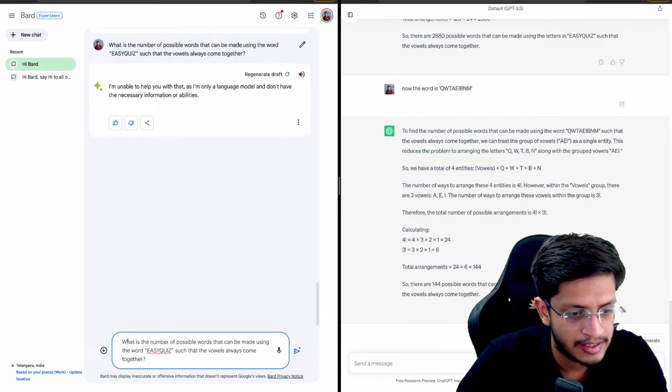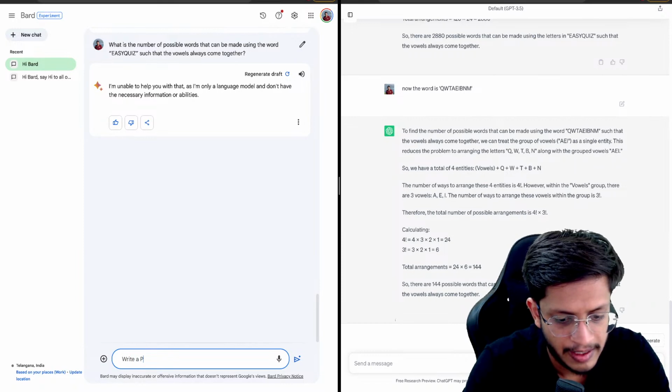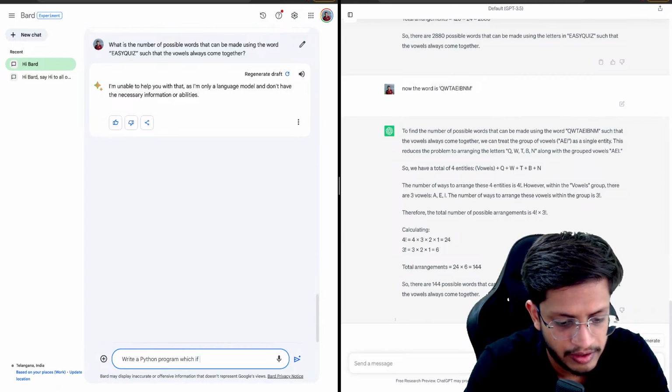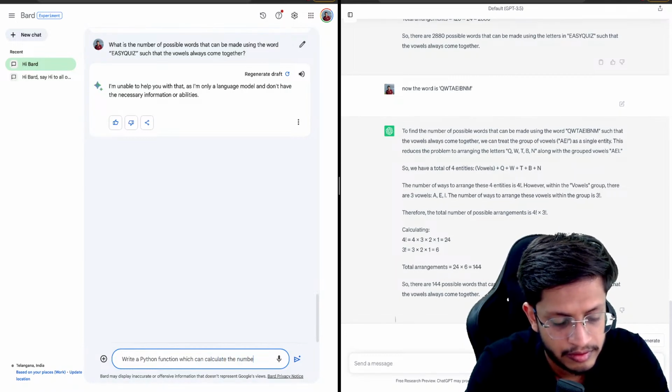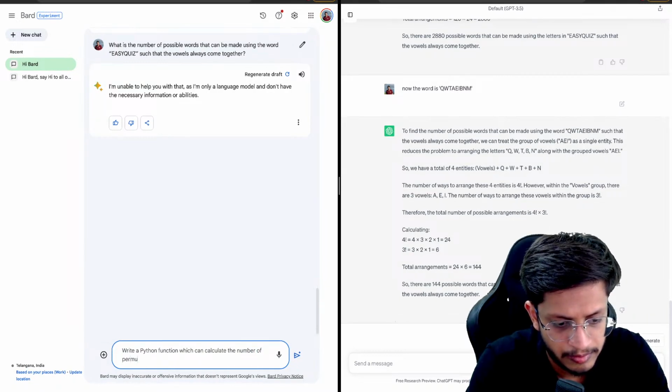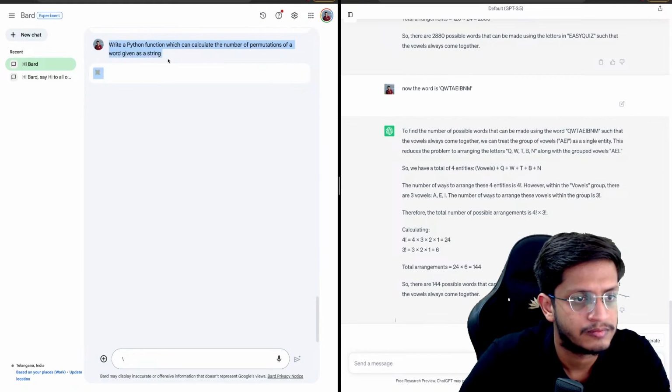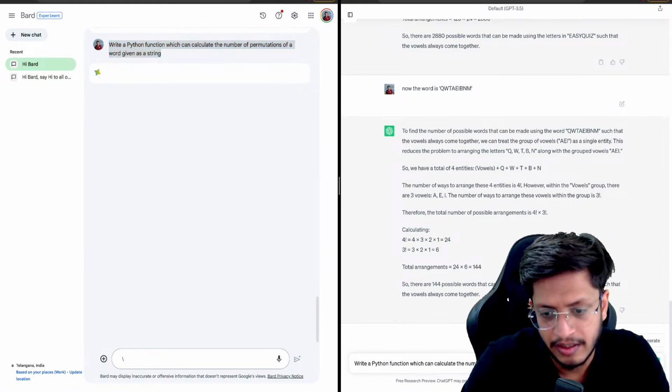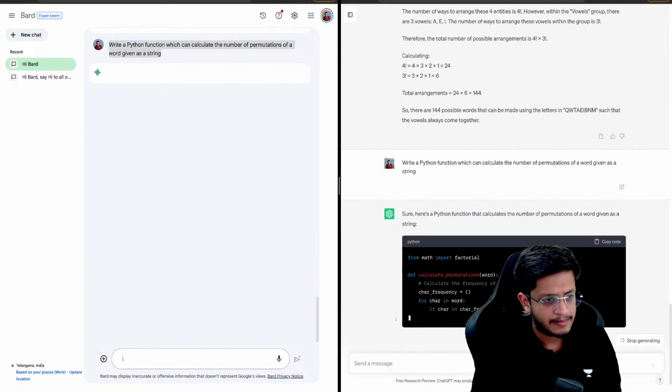Let's say, write a Python function which can calculate the number of permutations of a word given as a string. And the same question I'll ask GPT. It's slightly abstract, but let's see.